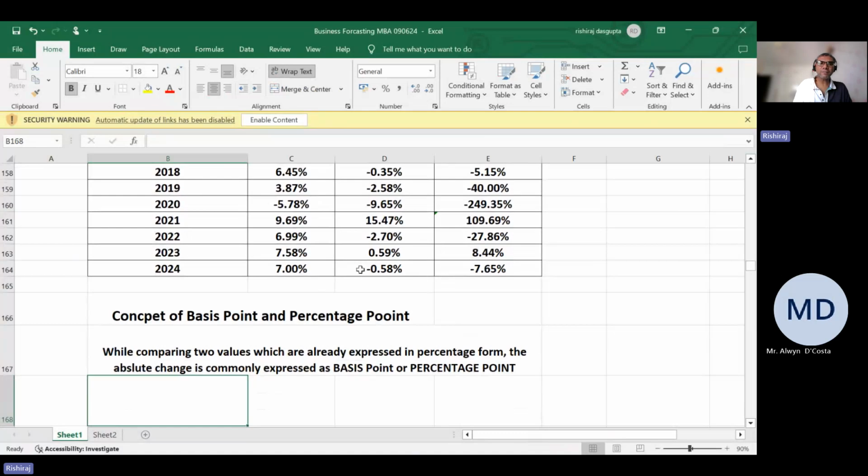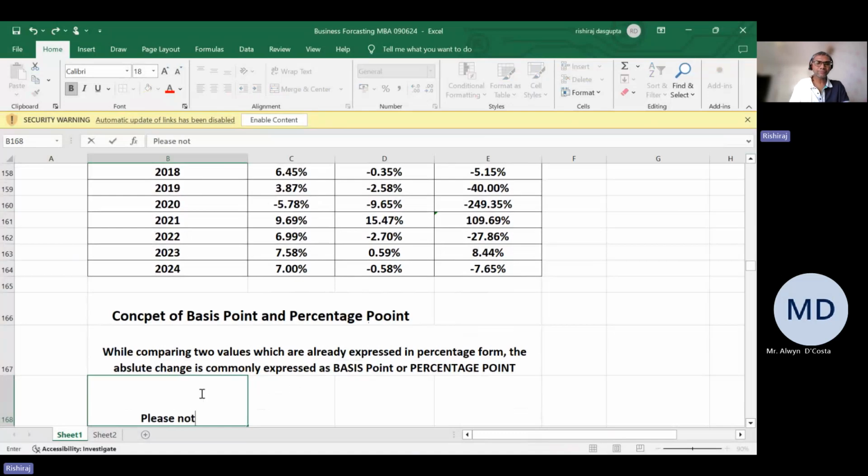The absolute change is only minus 0.58%. The relative change is minus 7.65%. To avoid the confusion, when we compare two values already expressed in percentage, like GDP growth, inflation, unemployment rate, interest rate, repo rate, reverse repo rate, bank rate, etc., we use basis point or percentage point.